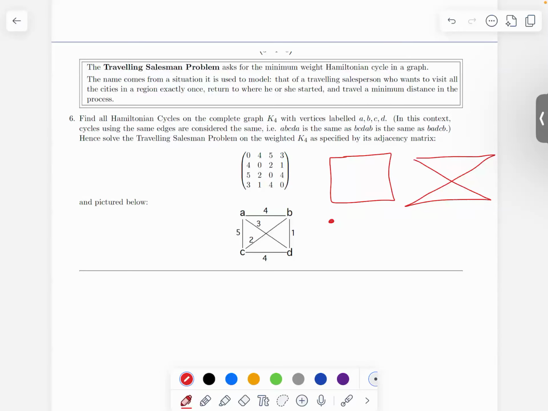It can be this one as well. Is there any other way? Yeah, there is no other way. So let's write all the weights that we used. 5, 1, 4.